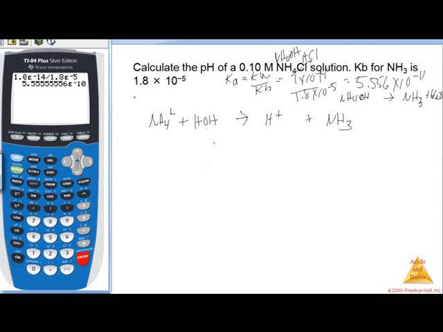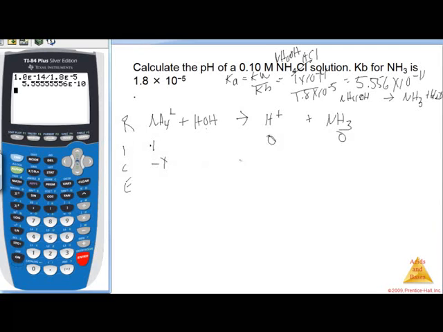Okay. Now I can use my RICE table. My initial concentration of my ammonium from my ammonium chloride is going to be 0.1. My initial concentration of H and NH3 is 0 and 0.